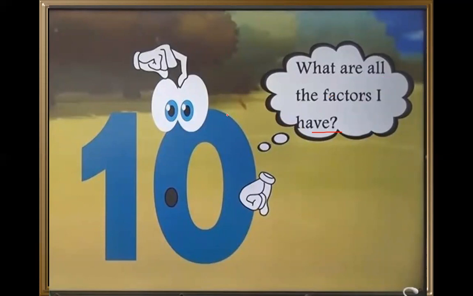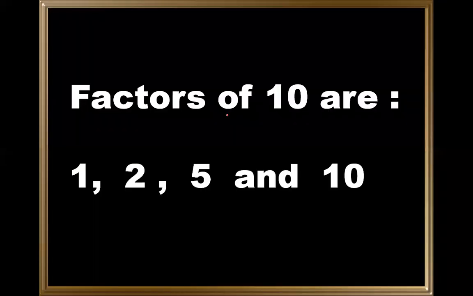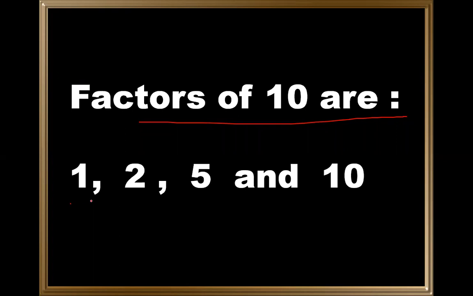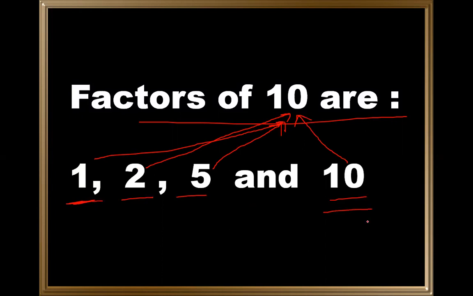So now I have to check how many factors of 10 there are. 1 was a friend of the number 10, 2 was also a friend, 5 was also a friend, and 10 was a friend of itself. So 1, 2, 5, 10 are the factors of the number 10. These are all the factors of 10. These are the friends of 10.